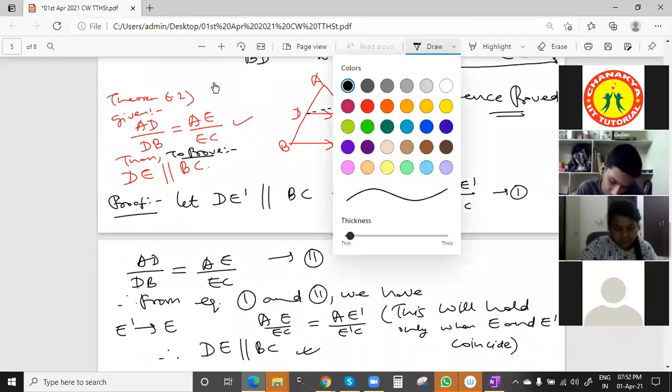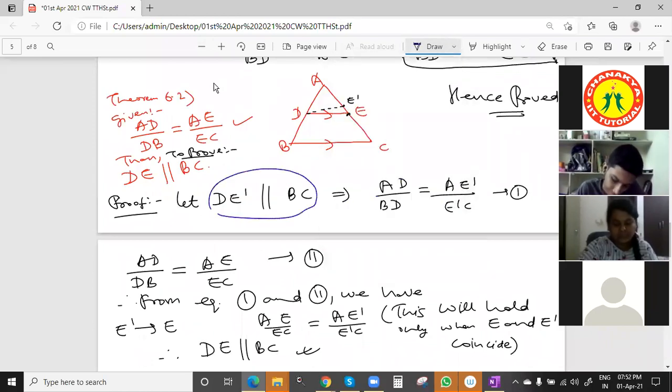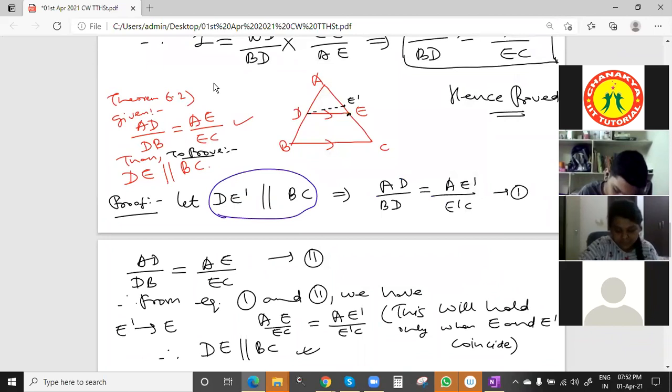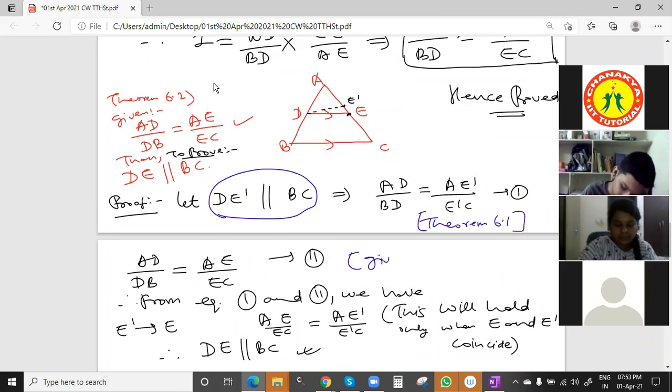Earlier we assumed D dash E dash parallel to BC. So by D dash E dash parallel to BC, we can write by theorem 6.1, reason theorem 6.1: AD by DB equals AE dash by E dash C. And given is AD by DB equal to AE by EC. So we can equate 1 and 2, because the left-hand sides are the same, AD by DB.